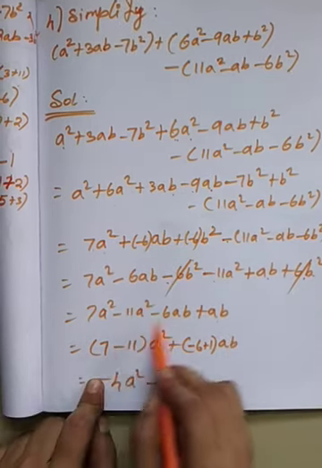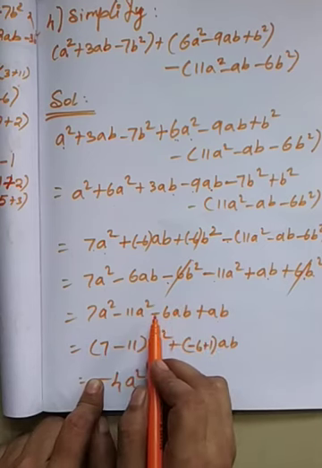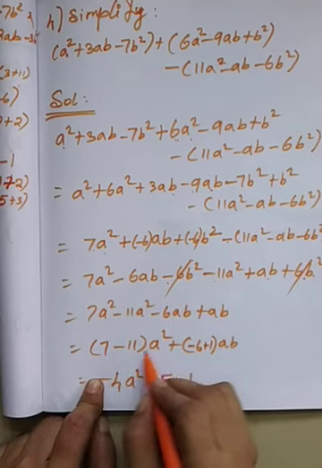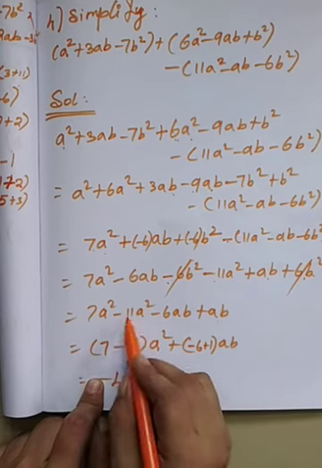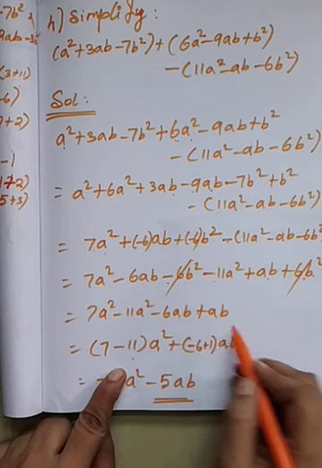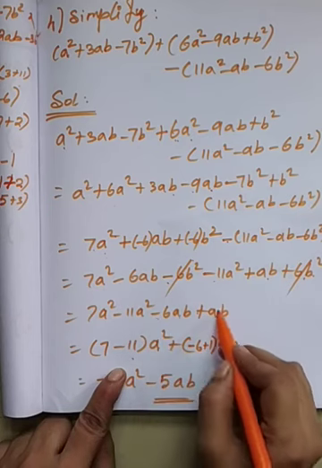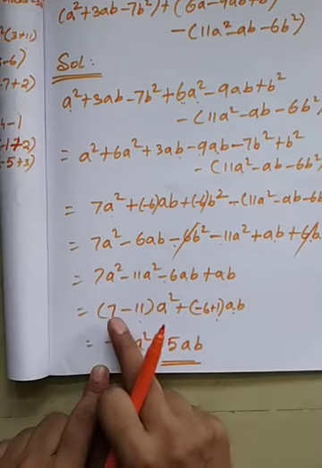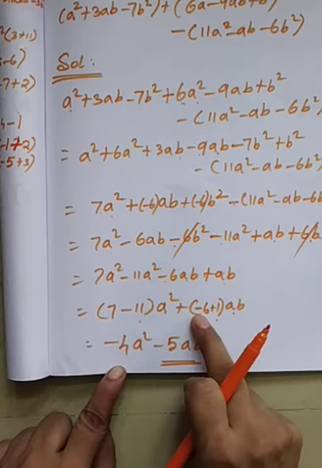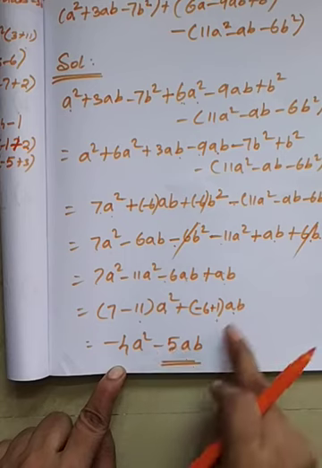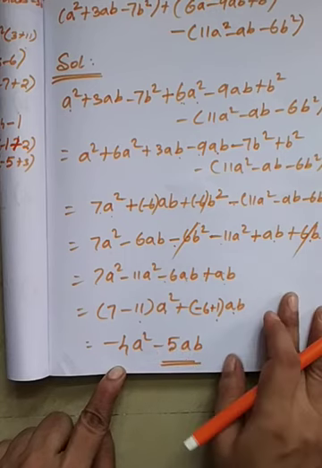Next, in the first two terms, a squared is the common value, so you can take a squared and write the remaining terms 7 minus 11. Here ab is the common value, write minus 6 plus 1. What is 7 minus 11? Minus 4a squared. Here minus 6 plus 1 means minus 5ab is your answer.